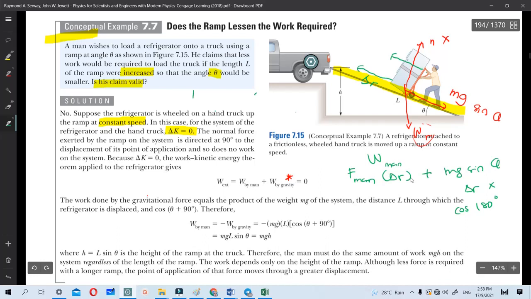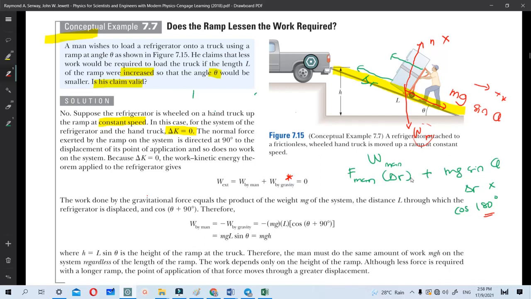You might be tempted to ask why all of a sudden it's 180 here. Remember that the force of weight is directed to the right, positive direction, while the displacement is on the opposite side. So that makes them opposite in direction, 180 degrees between them.